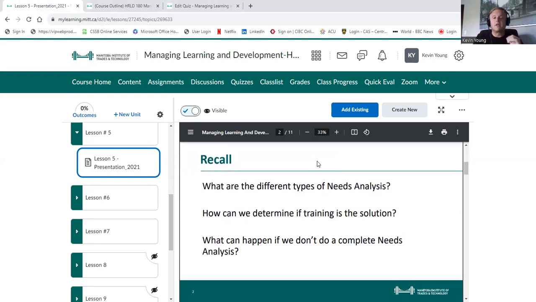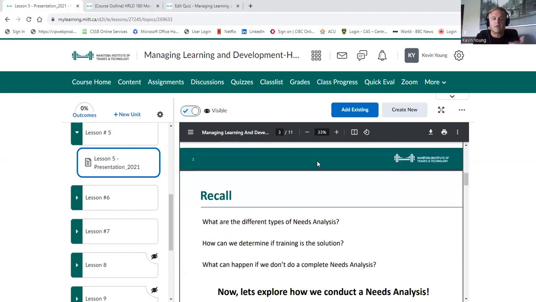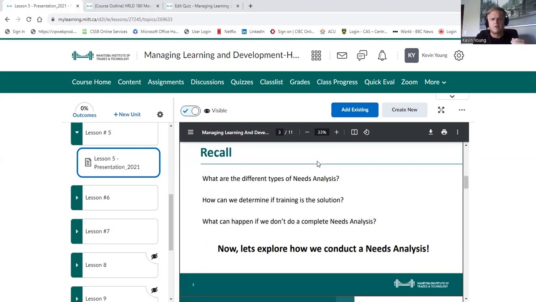It's simply asking you, and by the way, I'm going to move to the next slide because it's got the same questions. I'm not sure who created this, but what are the different types of needs analysis that we discussed? Remember, task, organizational, person. How can we actually determine if training is in fact the solution? Because as we've discussed, sometimes training is not the right answer.